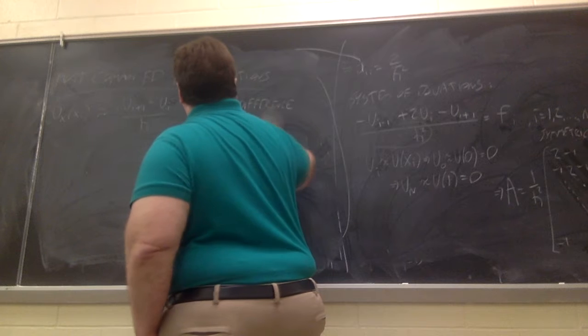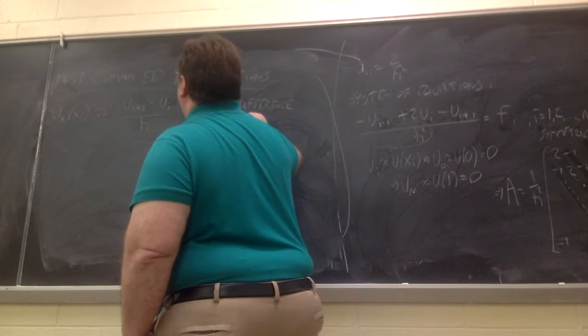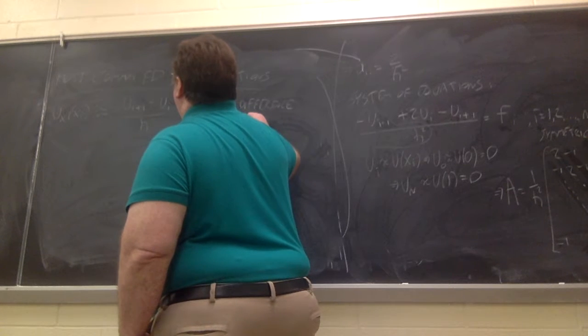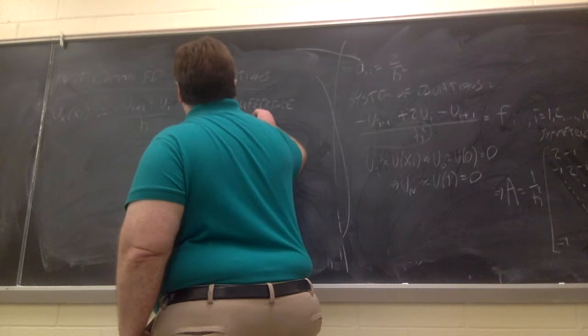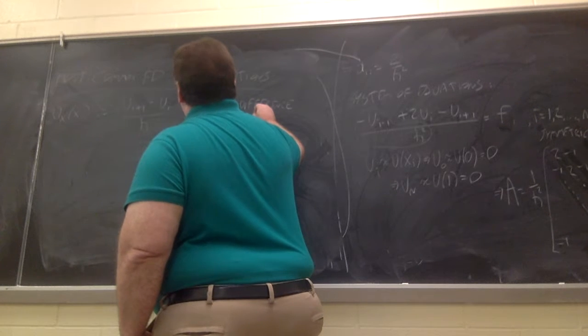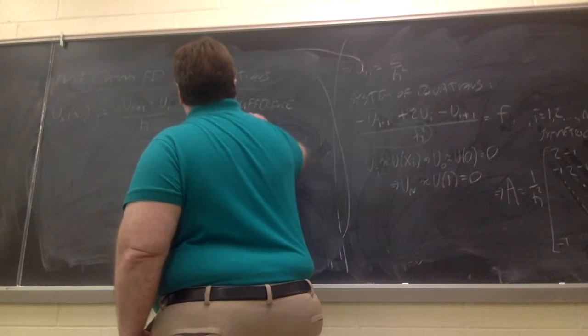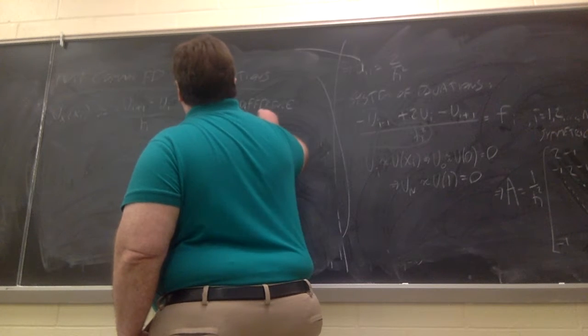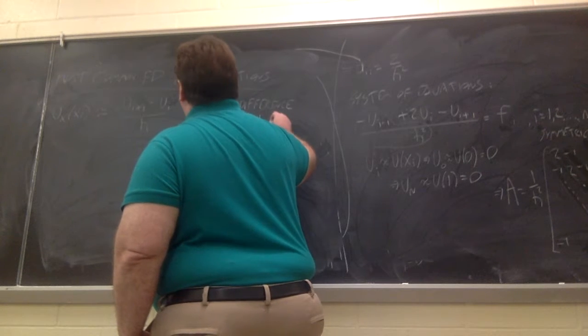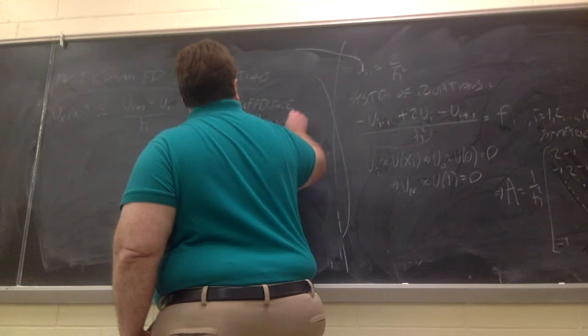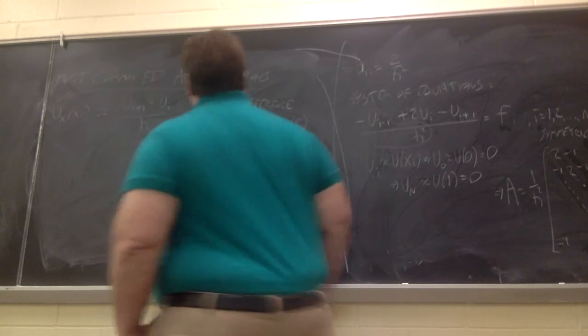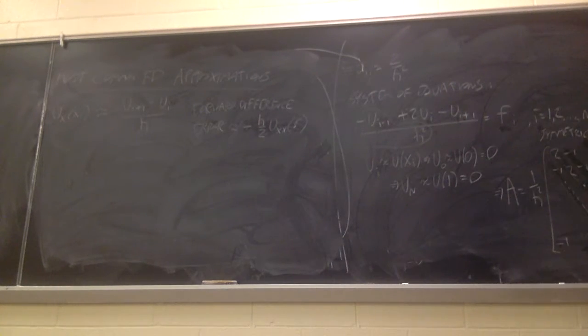is approximately minus h over 2 u_xx at an unknown point. So that's the error formula.